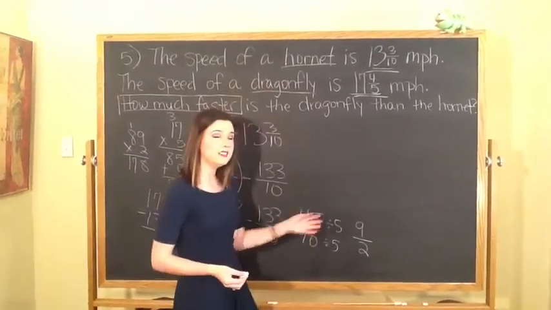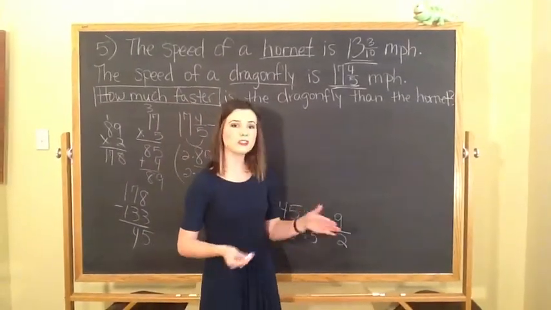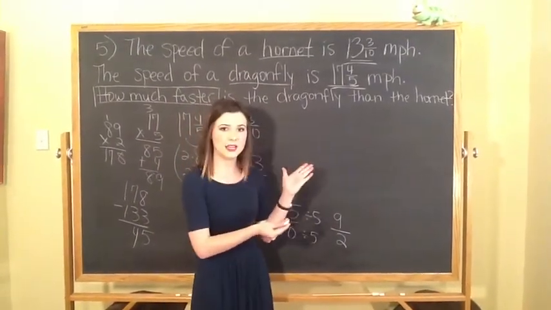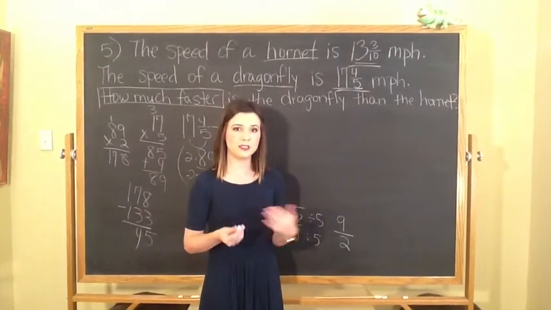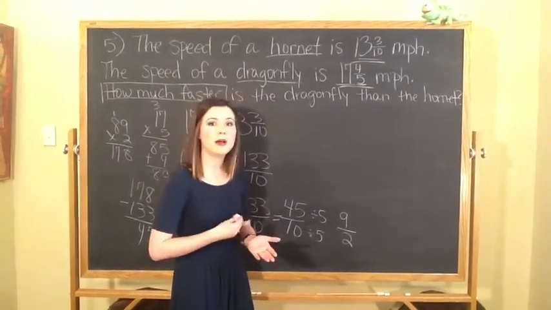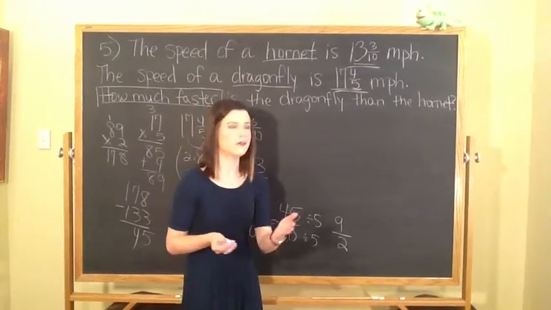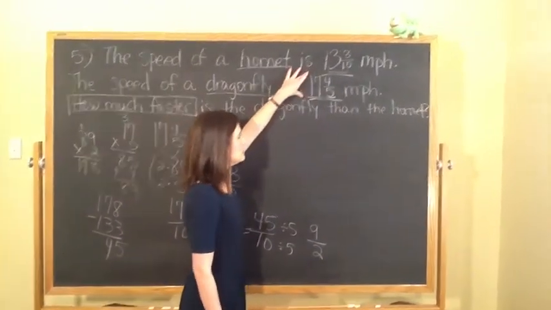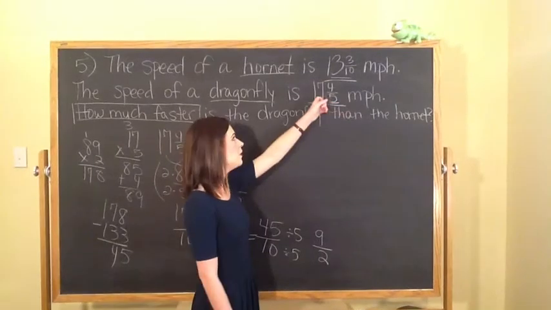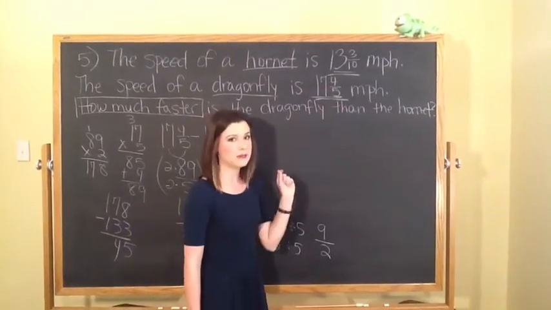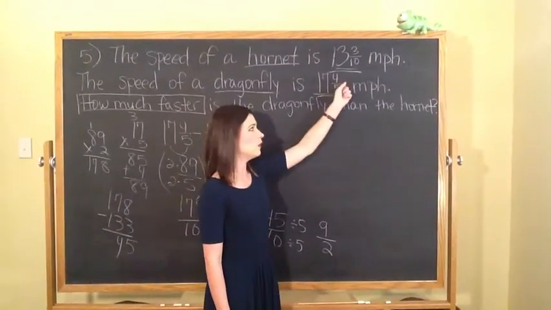In this particular case, if you are actually looking at the problem and what it's asking, you might want to make it into a mixed number because we're talking about how many miles per hour. So we want to see how many whole miles per hour they're going and the fraction. Just like this is 17 and 4/5 miles per hour. So we know that it's almost 18 miles per hour because 4 is one away from 5.